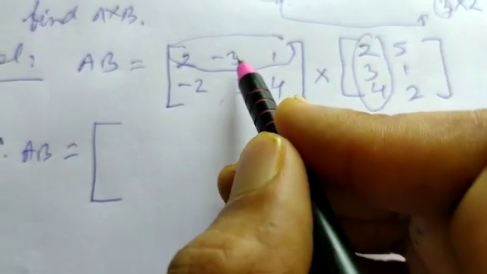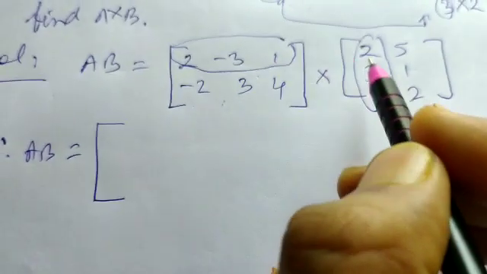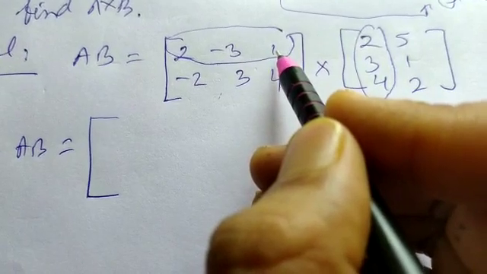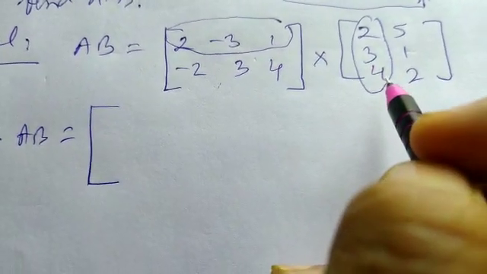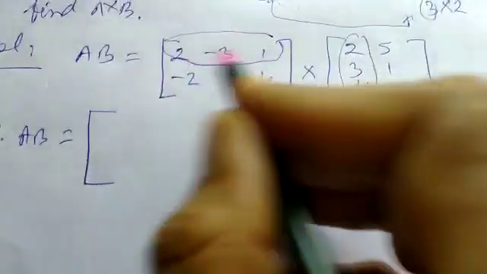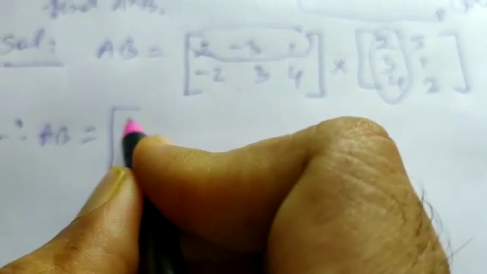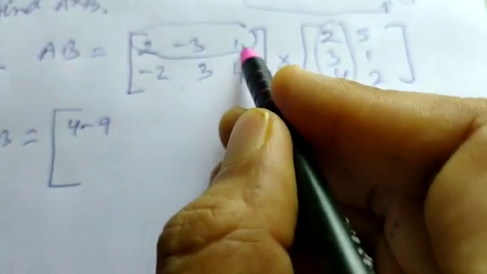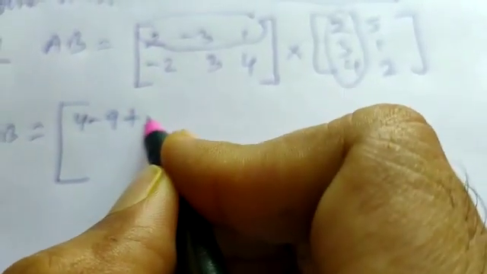Similarly, the second element of R1 will multiply with the second element of column 1, and the third element of R1 will multiply with the third element of column 1, and then we have to add the results. So let us see it. 2 into 2, that is 4. Minus 3 into 3, that is minus 9, and 1 into 4, so plus 4.